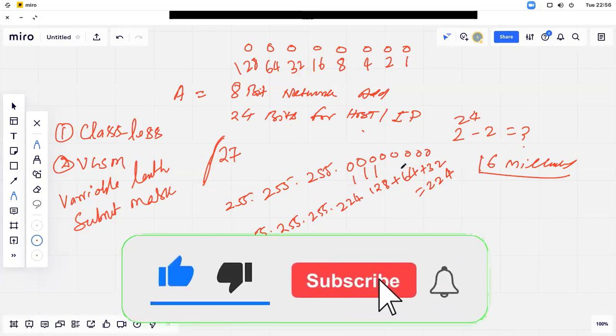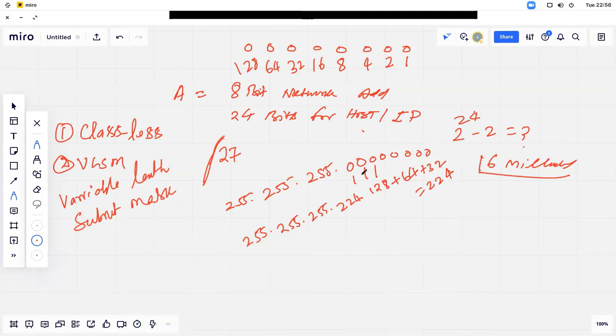First of all, we'll understand the actual value of all these 8 bits for the host. To calculate that, yesterday I also told you 2 raised to the power 8 is equal to 256. This is the value that we get from a single octet. Why did we write 2 here?